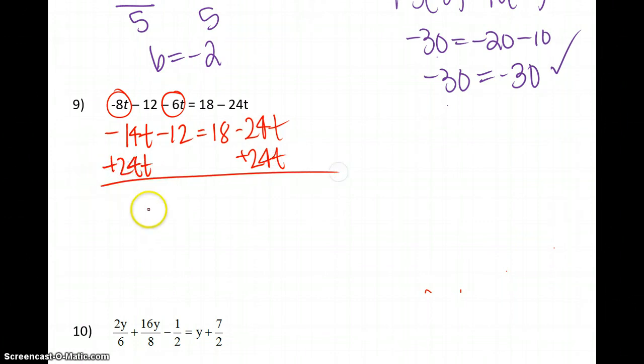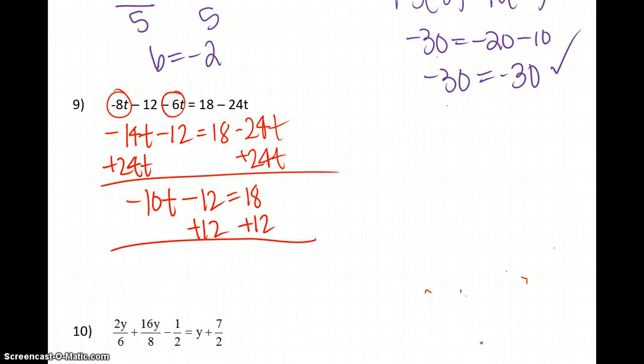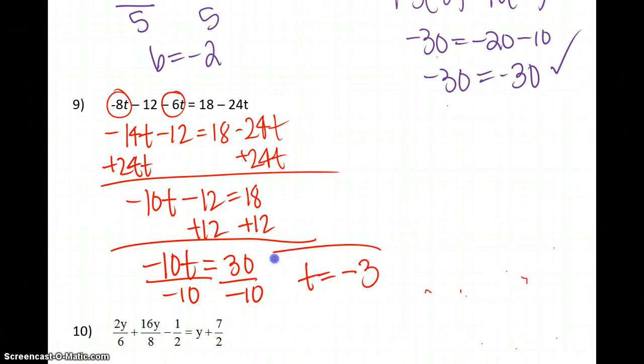And I'm left with negative 10t minus 12 equals 18. Add 12 to both sides. And I'm left with negative 10t equals 30. Divide both sides by negative 10, and t is equal to negative 3.